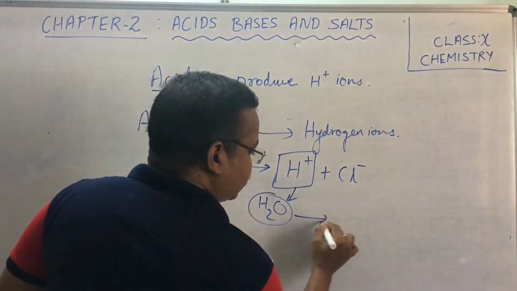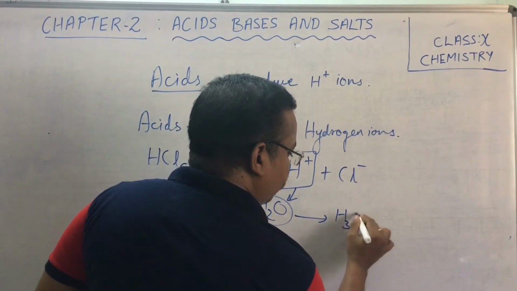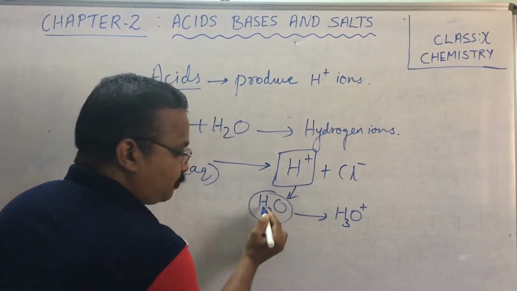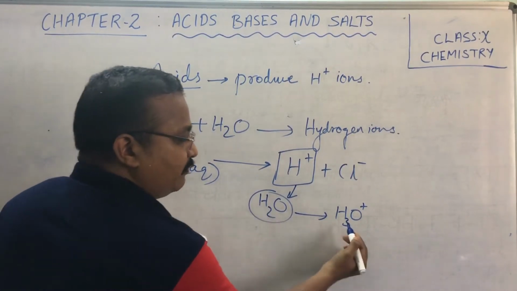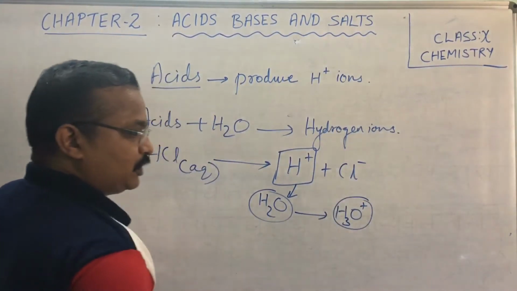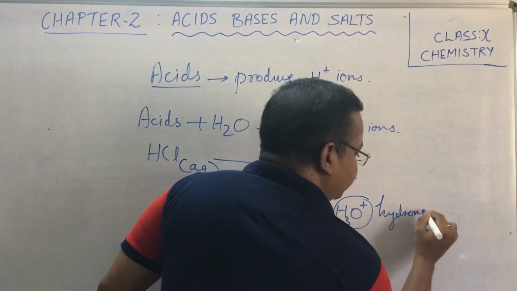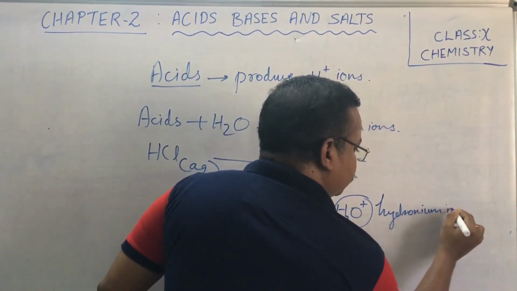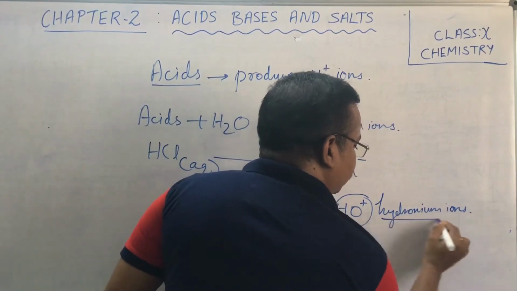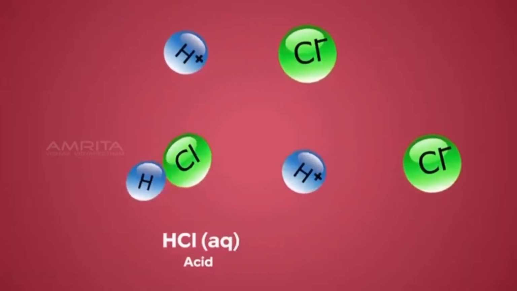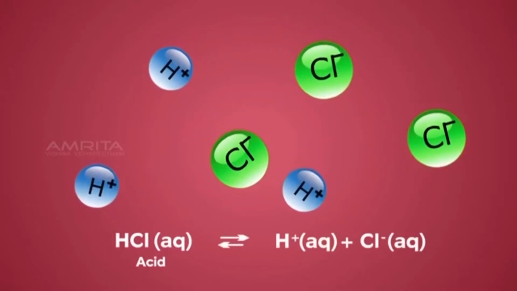They produce H3O+, that is, H2O is already there, then H+ is added to this, and they form H3O+, that is called hydronium ions. Okay. Acids are those substances which release hydrogen ions or H+ ions when dissolved in water.